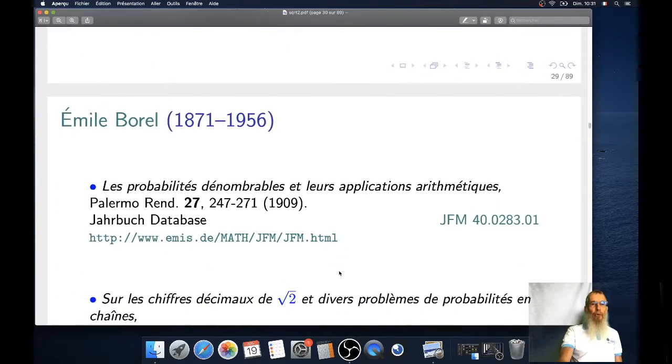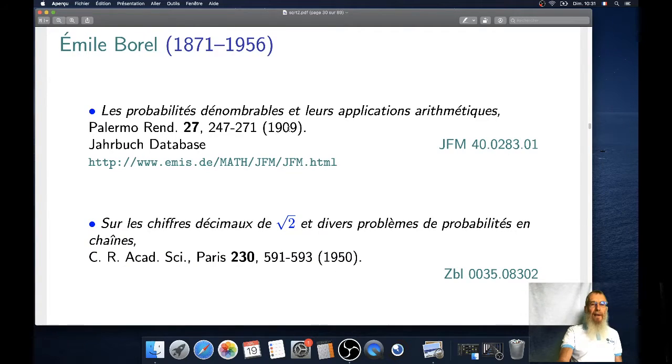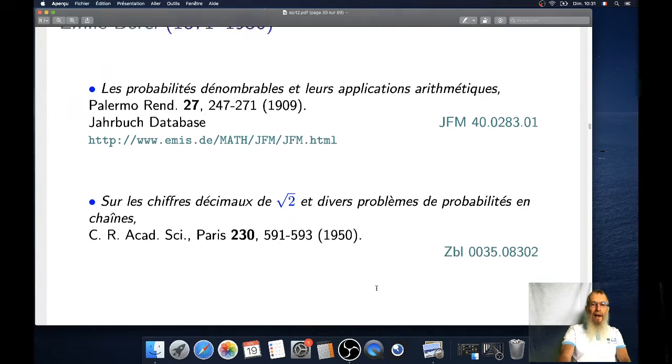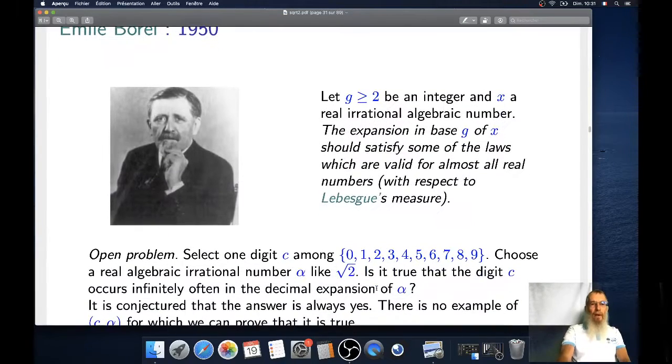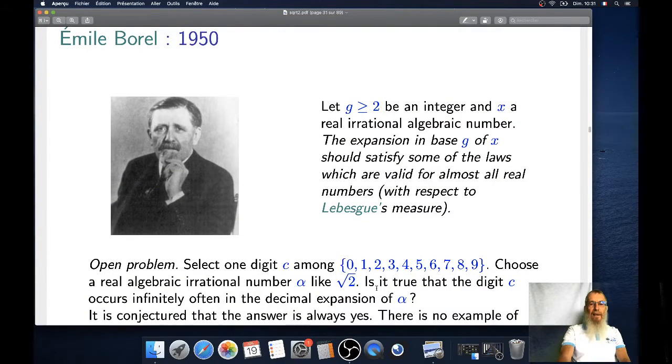Émile Borel, in two papers in 1909 and 1950, looked at these numbers. He did not know so many decimal digits, but he was interested and puzzled about the decimal digits of square root of 2, and he asked some questions. The question that he asked in 1950 was whether the decimal digits of square root of 2 follow some rule or not.